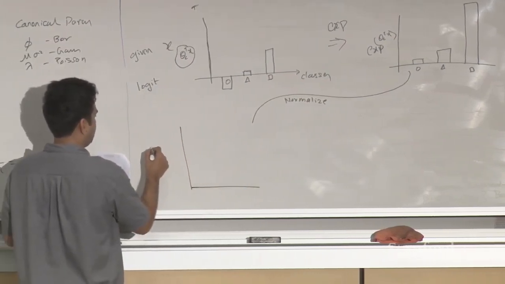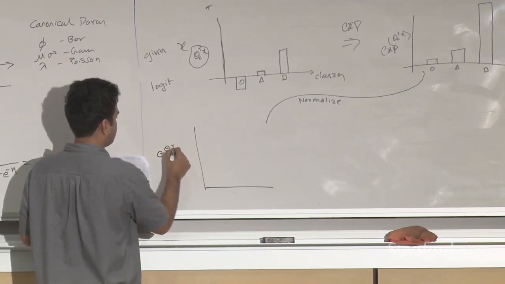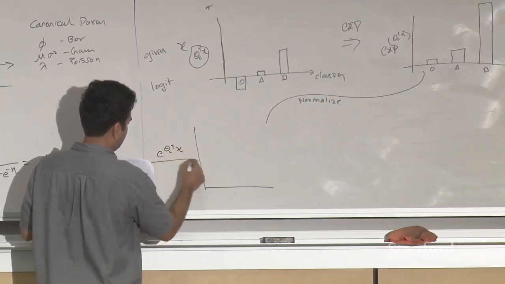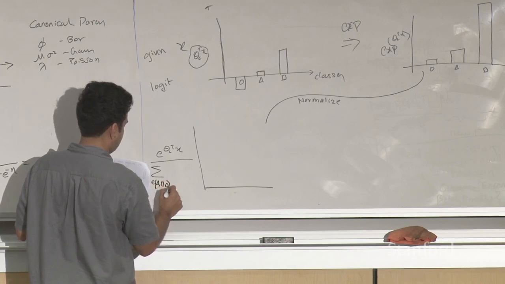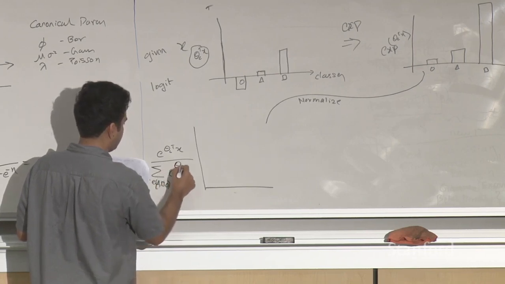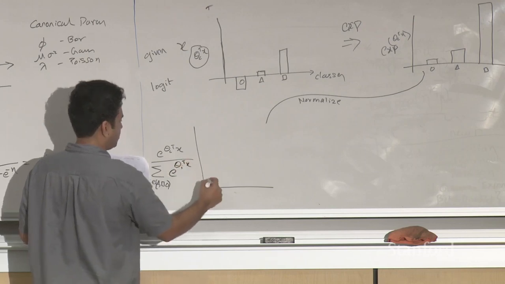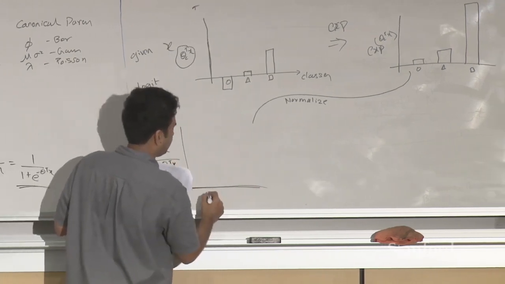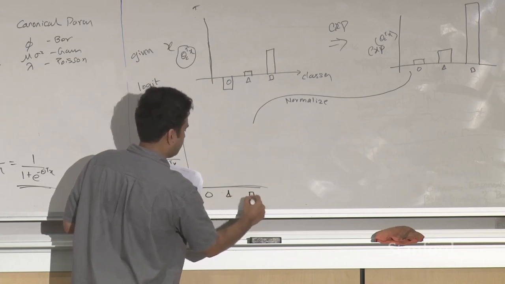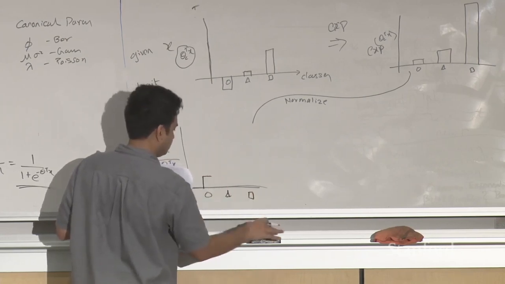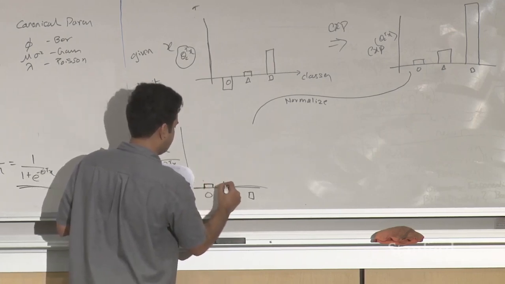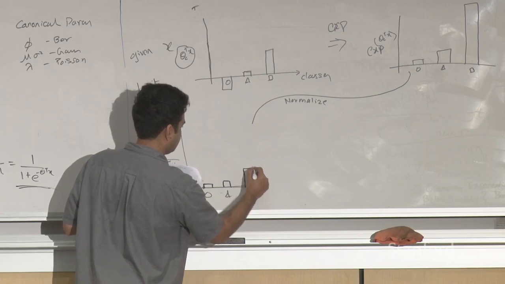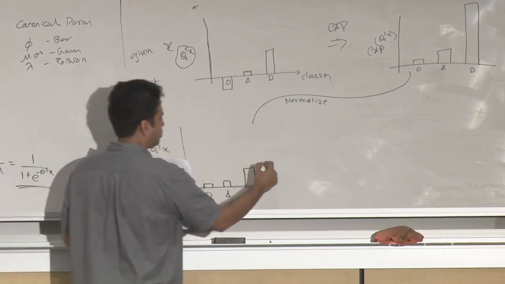So we have e to the theta class transpose x over the sum over i in triangle, square, circle of e to the theta i transpose x. Once we do this operation, we get a probability distribution where the heights add up to 1.